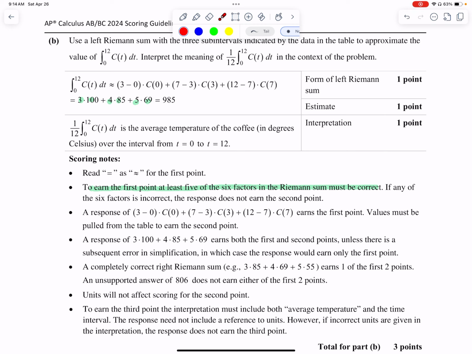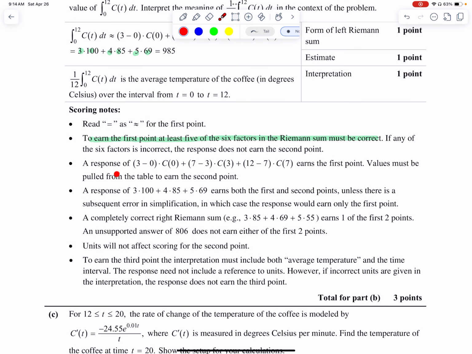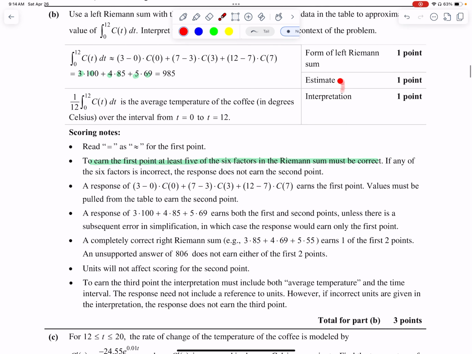If you just thought this was a 4, this was a 4, got all the other numbers right, then you would still get this piece right, even though your estimate was incorrect and you wouldn't get the estimate point. Notice that it has the C of 0, C of 3. It gets the first point, the form of the Riemann sum, but the values have to be pulled from the table to actually get your estimate point.